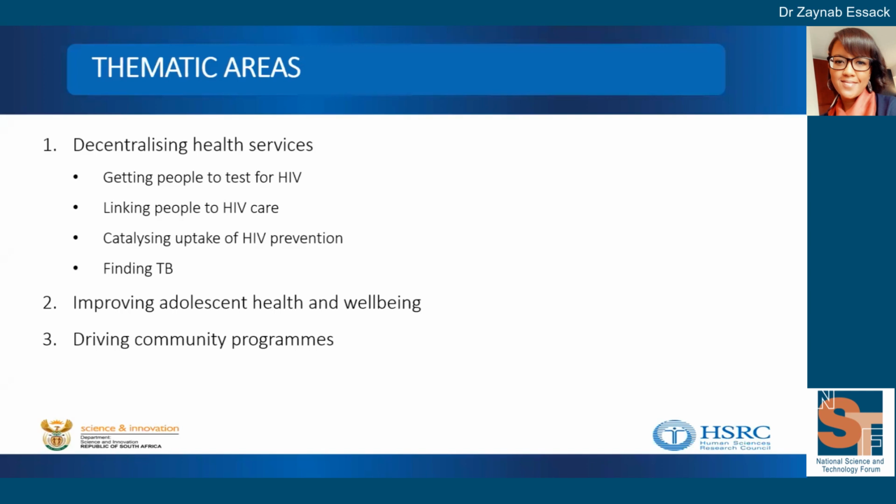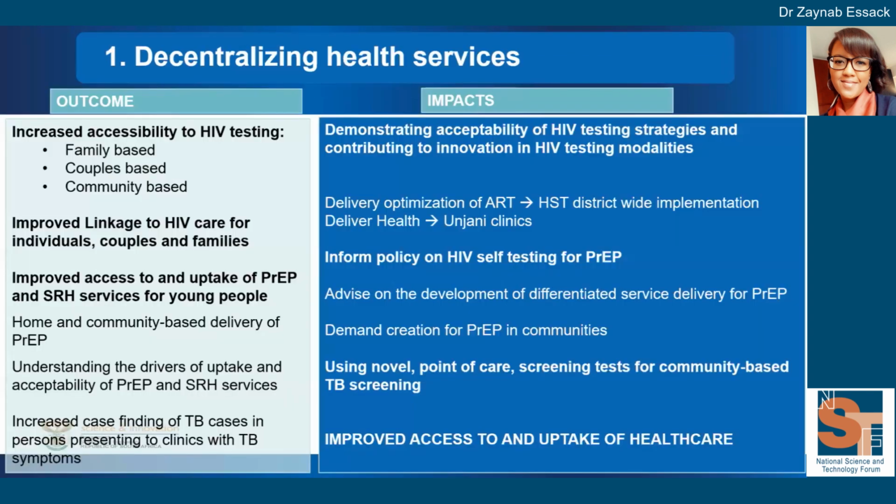I want to quickly just go through some key thematic areas that will link back to socio-economic development in the work we are doing that focuses on decentralizing health services, improving adolescent health and well-being, and driving community programs.